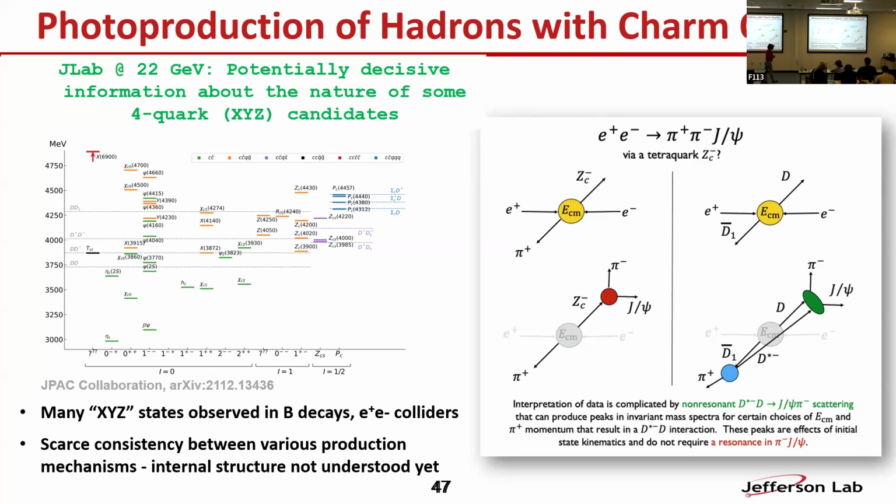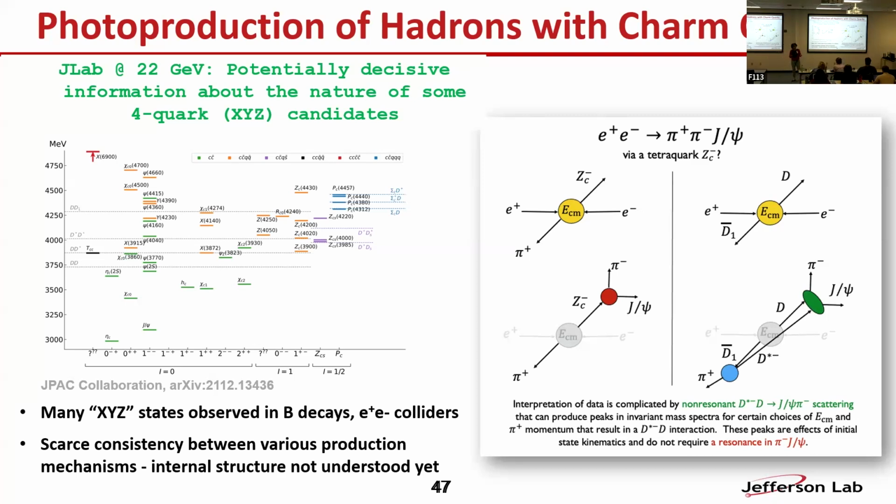We have information about these states mainly from e+ e- experiments, or from LHCb at CERN, from the decays of particles. It's really a mystery, because if produced in e+ e- or produced in a B decay, they have a different behavior, a different nature.